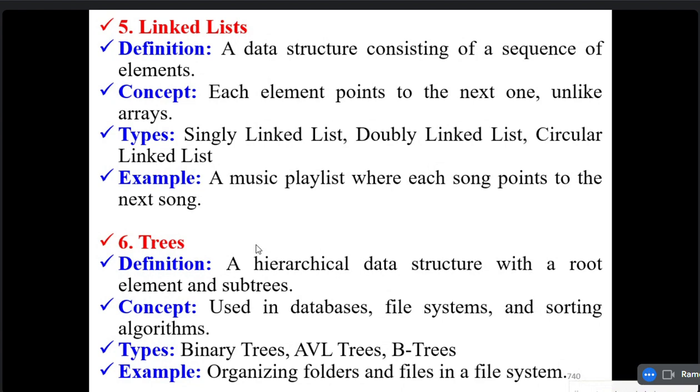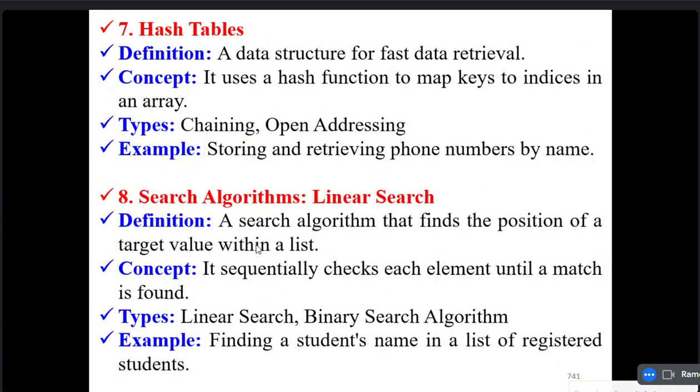Next, organizing folders and files in a file system. In trees, we are using so many concepts. Next, moving to hash table. Hashing is a process of mapping a key with a value. A hash table is a collection of elements stored index-based, with index positions bucket 0 to bucket n.